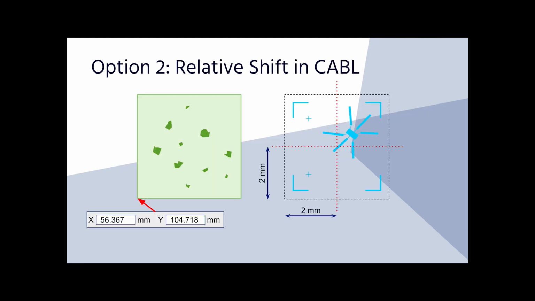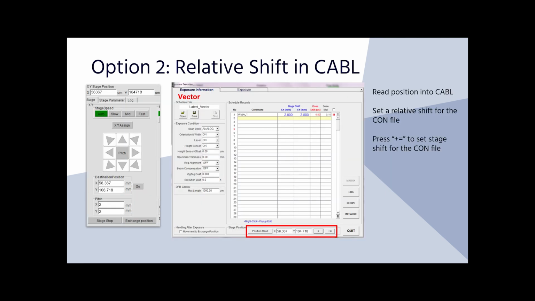Alternatively, we can define a relative stage shift in cable, which it will execute when writing the pattern. In this case, we will stay at the lower left-hand corner of the chip, but in the cable scheduler, you will specify a stage shift of 2 millimeters in X and 2 millimeters in Y. For this example, both values are positive, but this will depend on which corner you are looking at and where you placed your origin.